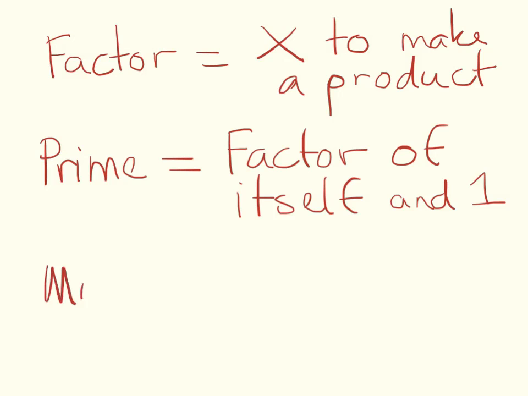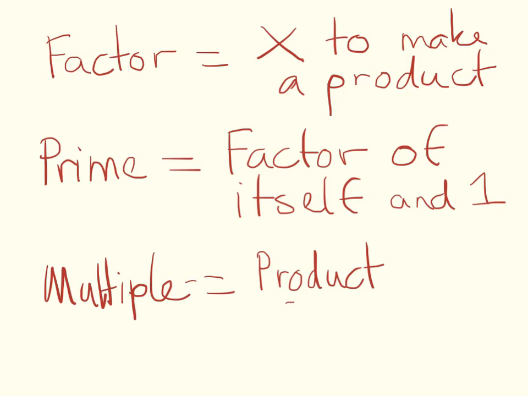And a multiple is a product, i.e. 36 is a multiple of 6, because you can multiply the 6 by another 6 to equal 36.